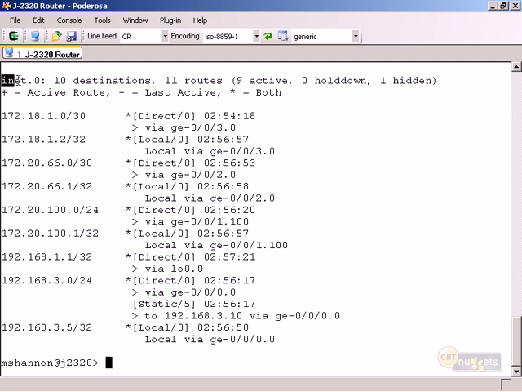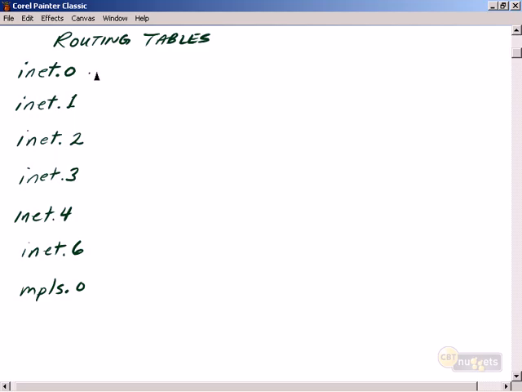Now, this is the inet.0, but there are other routing tables. For example, we know that inet.0 is for IP version 4 unicast traffic. inet.1 is the multicast forwarding cache.